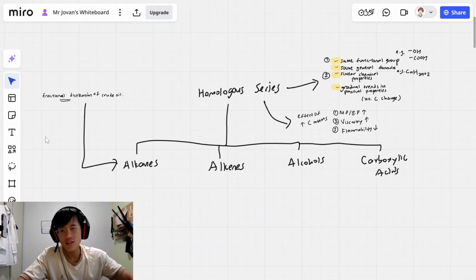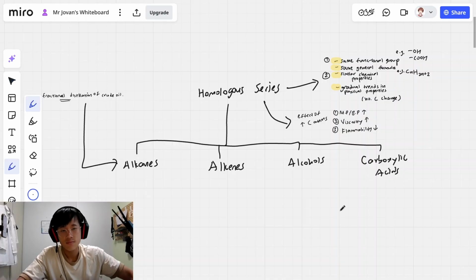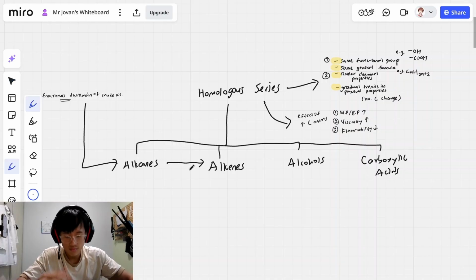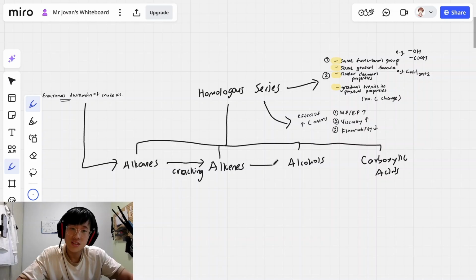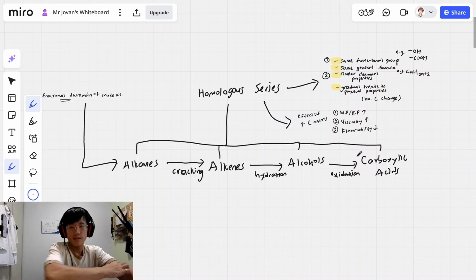From alkanes to alkenes, what was the process called? Do you remember? Cracking. Alkenes to alcohols, what was it called? Hydration. Remember? The water thirsty thing. Now, alcohols to carboxylic acids, what was it called? Oxidation. Wow, on my map, it's forming already.